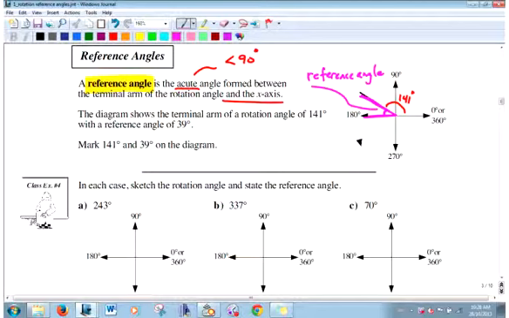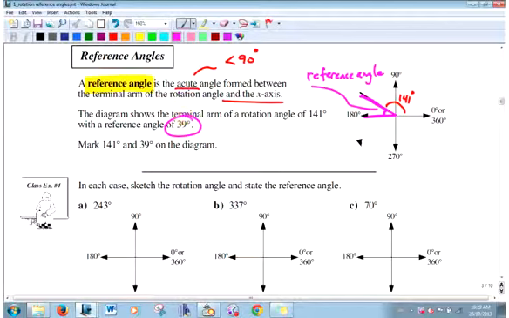What is the value of that angle? This is what most of your assignment's going to be today, just getting used to the quadrants, the degrees. How do I find this value if I don't have a picture of it? Well, you know this is 180, so you can ask yourself, what do I add to 141 to get 180?